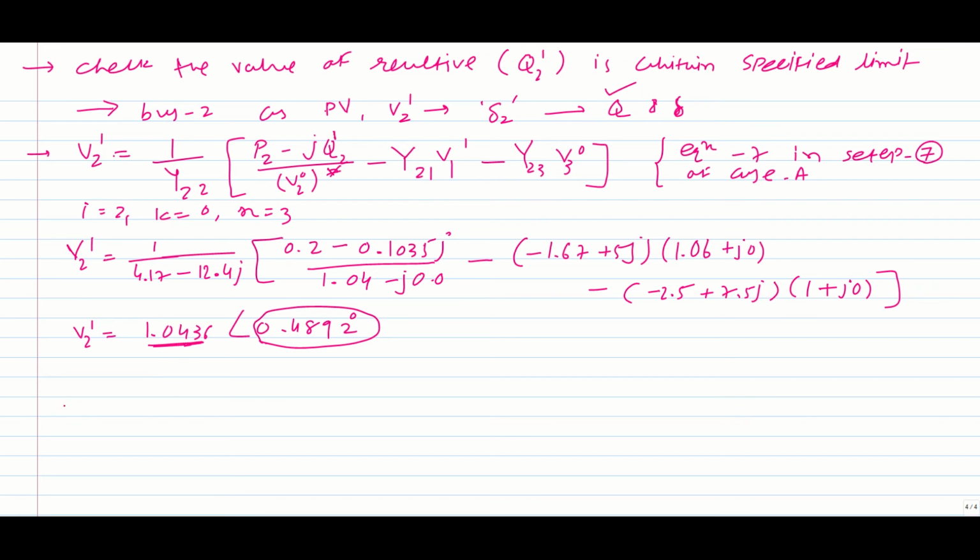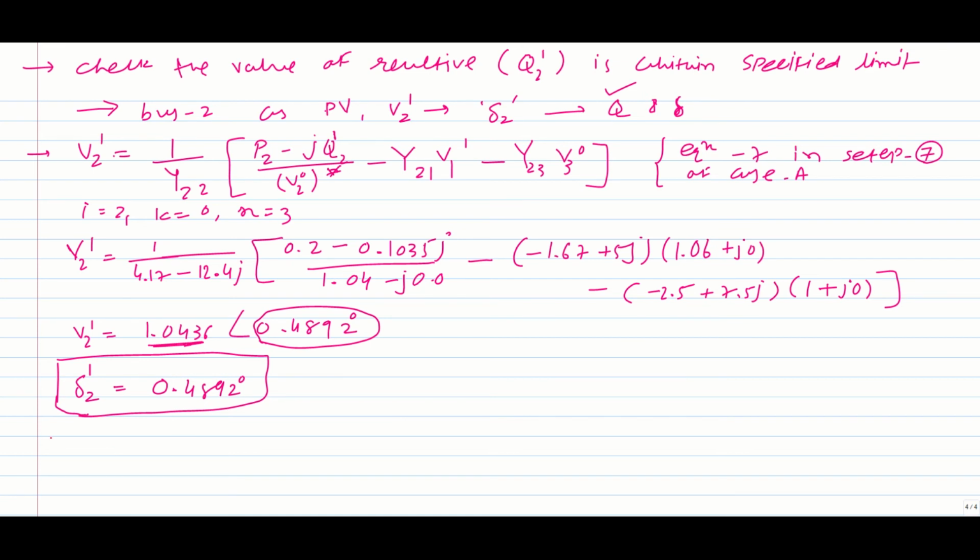Why? Because we are interested in calculating the angle of voltage V2. So we can write over here delta 2 at first iteration is 0.4892. You have clear.